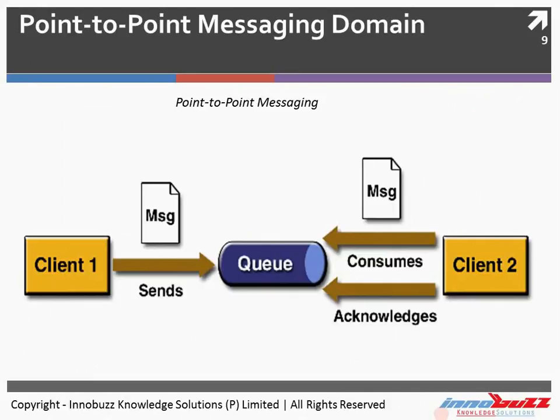The receiver acknowledges the successful processing of the message once it consumes the message. So there is no timing set for the sender or receiver of the message. They can send and receive through the queue at any time. So this is the basic implementation of the point-to-point messaging domain.